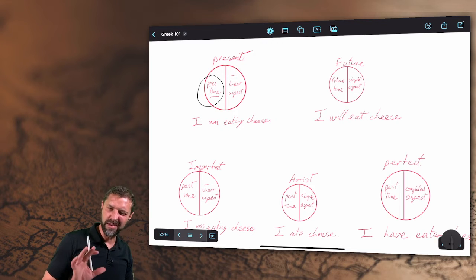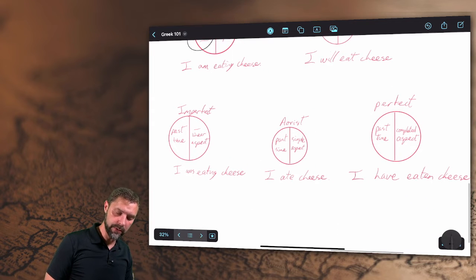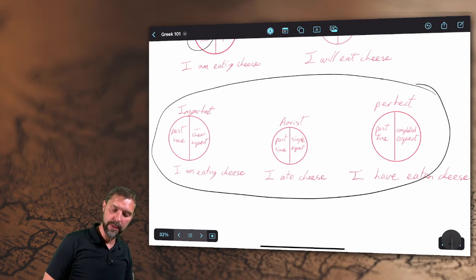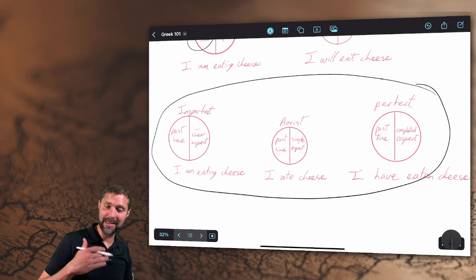The aspect's not really in view. The key here, the distinction is going to tend to go with the imperfect, aorist, and perfect, all of these being past. Here's a way where I can distinguish out the 3 different aspects. And knowing some of that difference will help me as I try to see the significance of specific verbs and how they work.